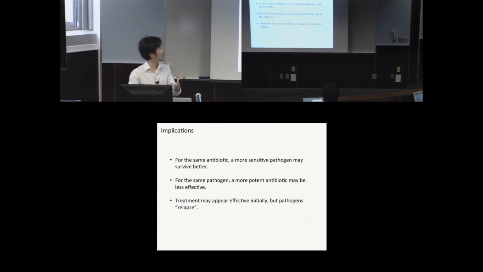And for the same pathogen, a more potent or more lytic antibiotic may actually be less effective. Finally, the treatment may appear effective initially because cells lyse and you see a reduction in cell density. But later they may come back, and it appears to be a relapse, but it could be mediated by this cell-death-mediated release of a public good.